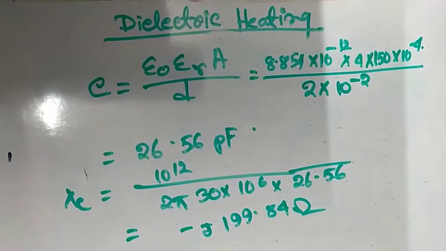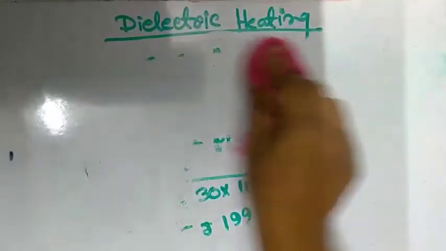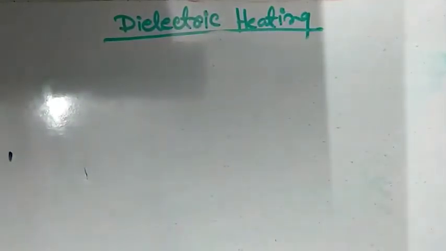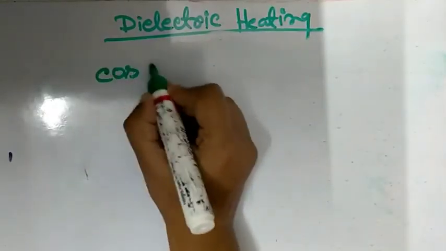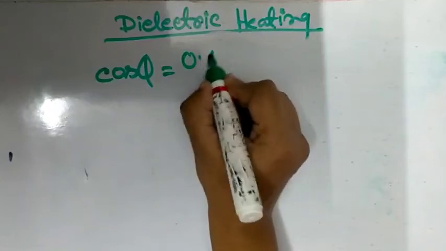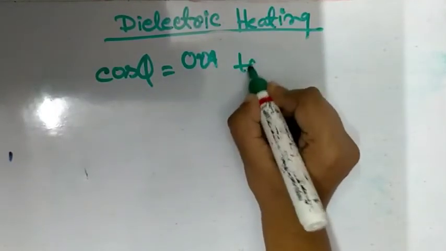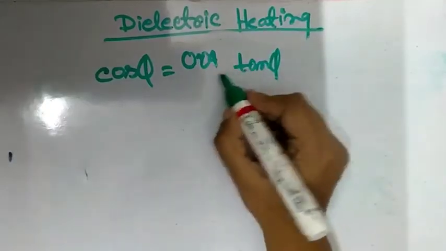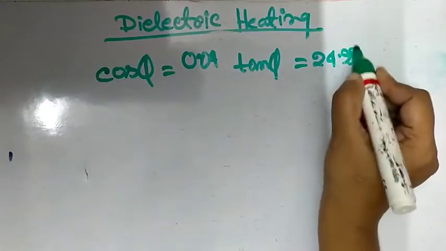Now, cos phi is given 0.04 and from this we calculate tan phi, which is equal to 24.98.